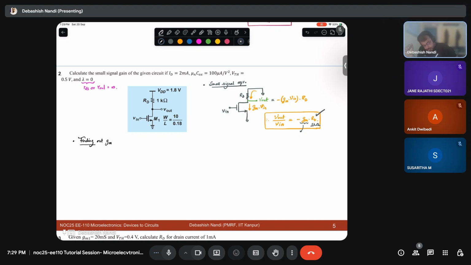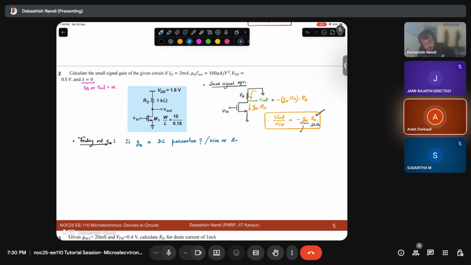Okay. So finding out GM. Can you tell me, is GM a bias dependent quantity? Yes, sir, it is. Why? Because from the formula we know that GM is 2ID by. Tell me physically.